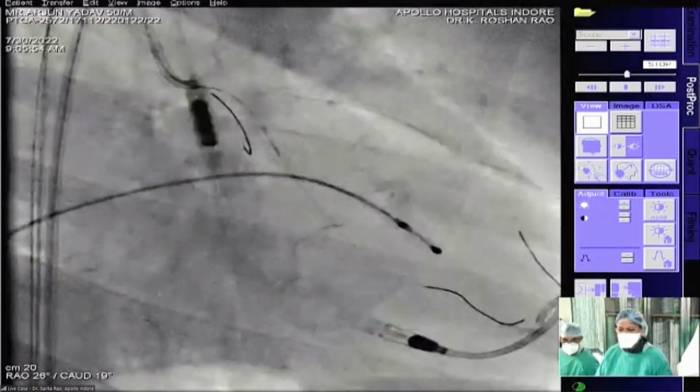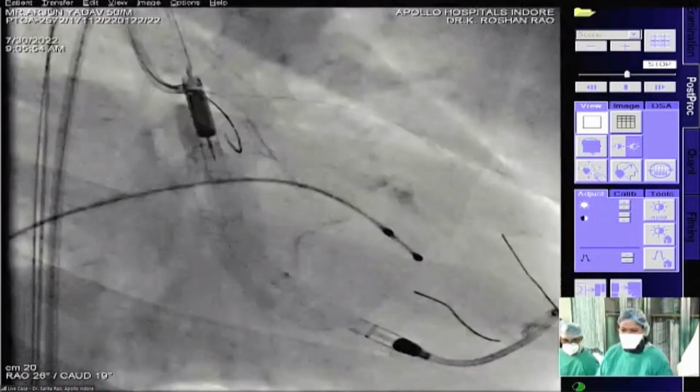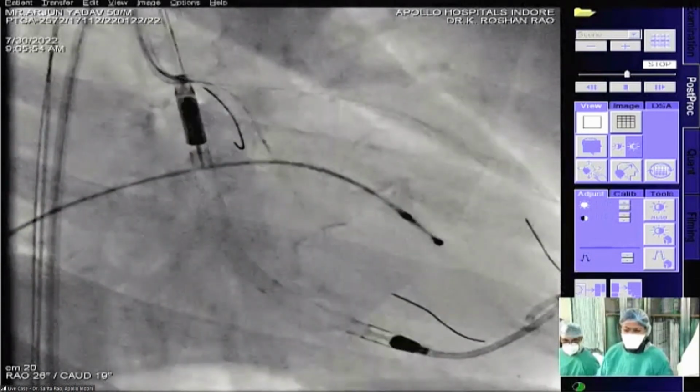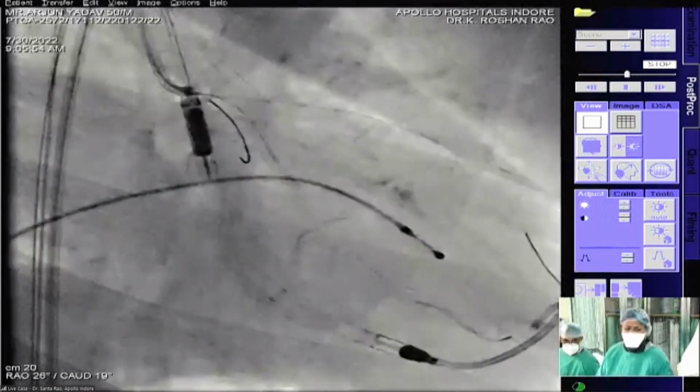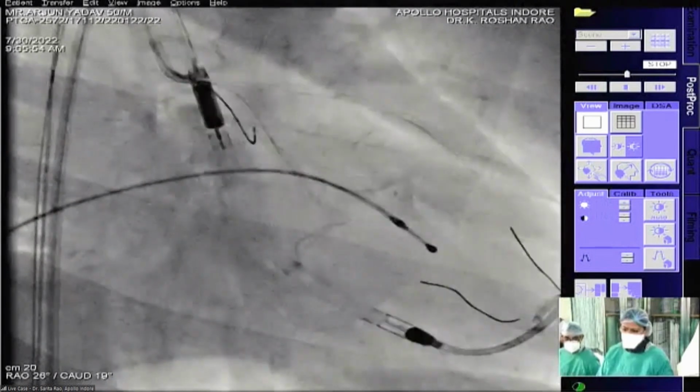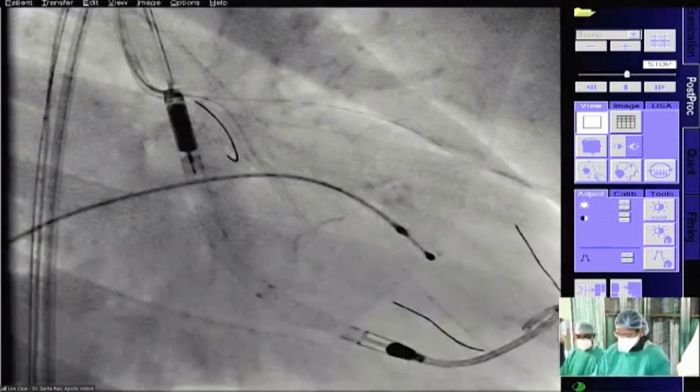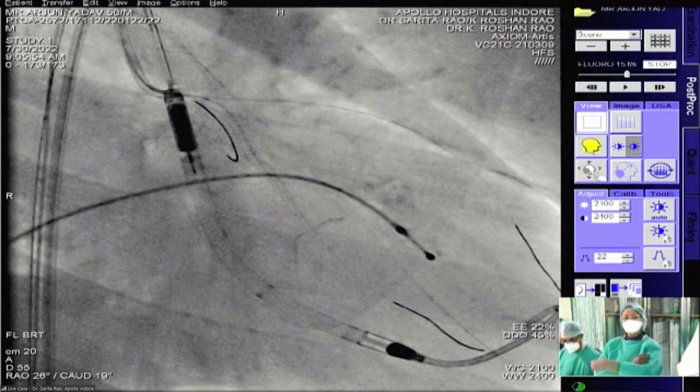But that said, I think I would have done exactly the same for the circumflex, and probably with or without imaging guidance, I think it's okay for the circumflex. But for the ostial circumflex, if anybody wants to look at it, I think it is not a bad idea to look under imaging. But angiographically it felt it is not involved at all.